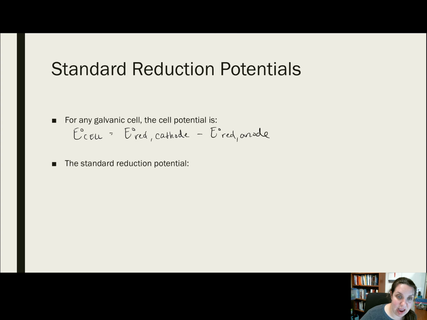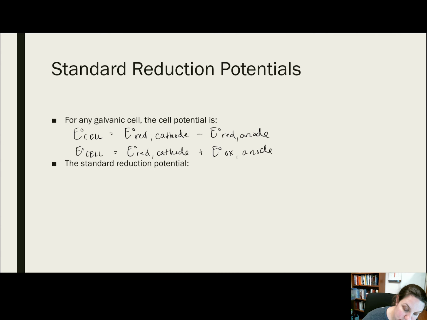Or we could write it as the reduction potential of our cathode plus the oxidation potential of our anode.